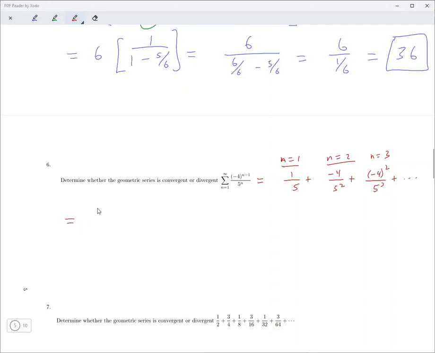So then what you want to do is factor the first term, 1/5, out of everything. It really looks like you're making things more complicated, but then the next term is going to be -4/5. And then the next term is going to be -4/5 squared. Okay, because this is a 3 right here. 5 to the third, and then so on.